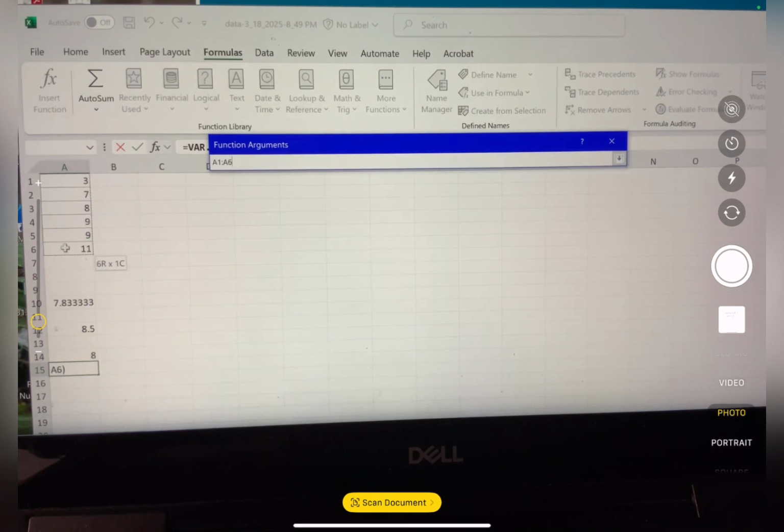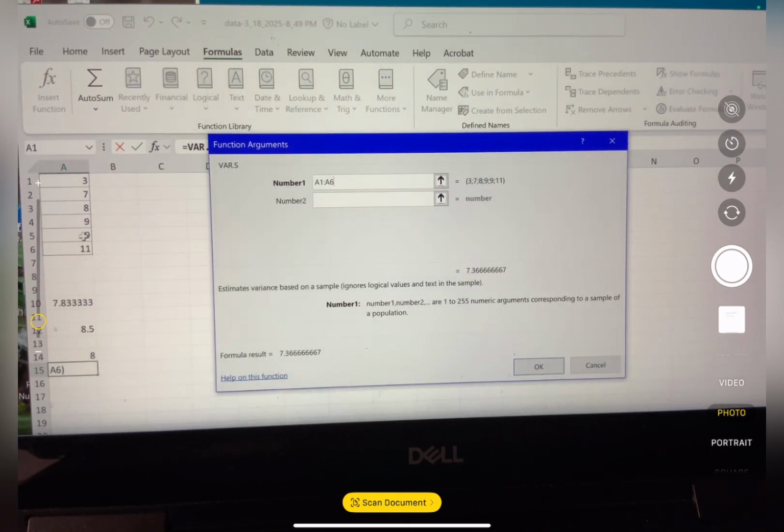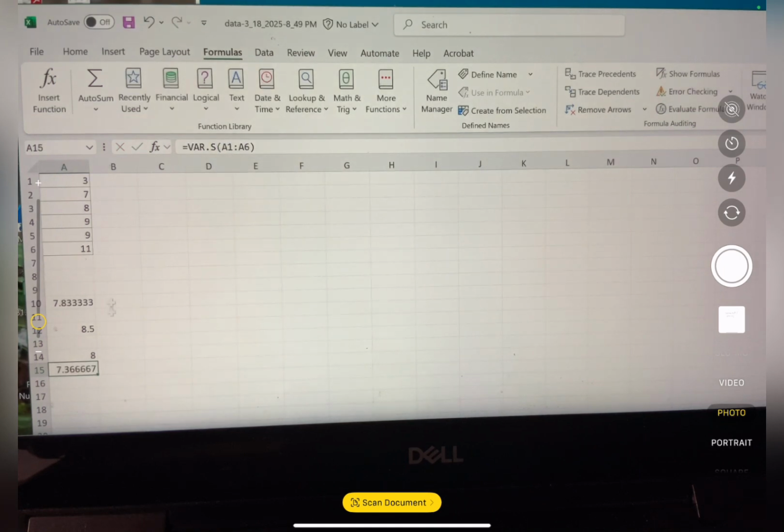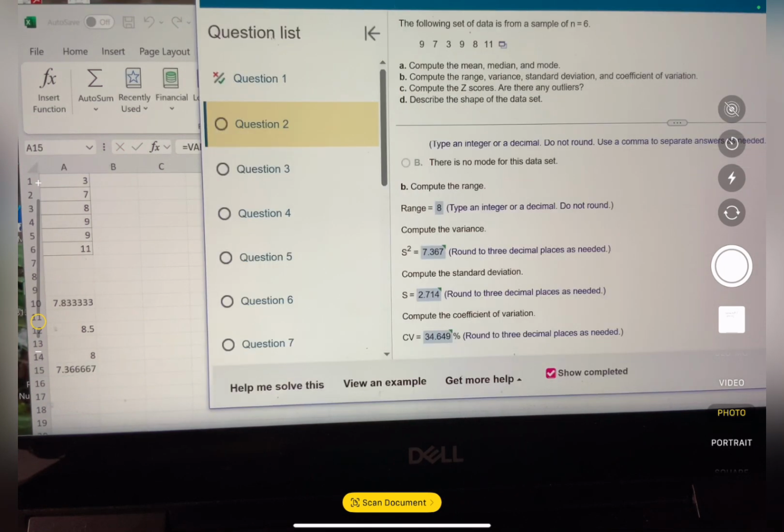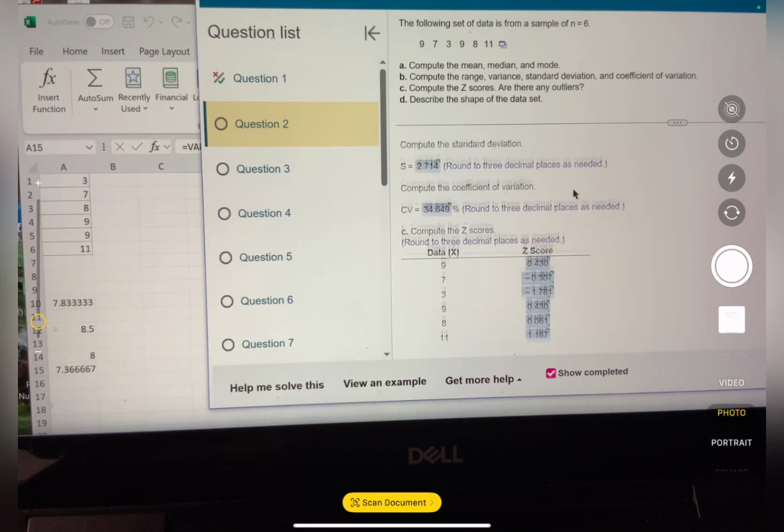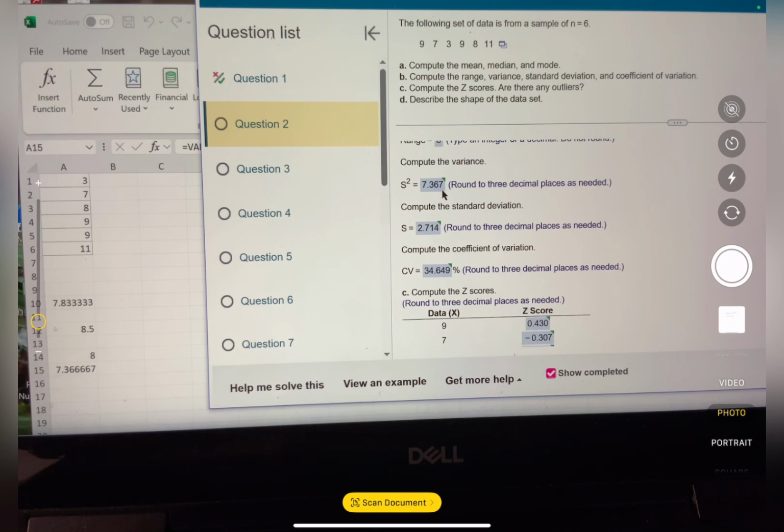Highlighting all these numbers. Clicking enter. And 7.366, let's compare. 7.367, all right. And don't forget to pay attention to how many decimals you want to round to. Standard deviation, we need to get 2.714. All right, let's do it.